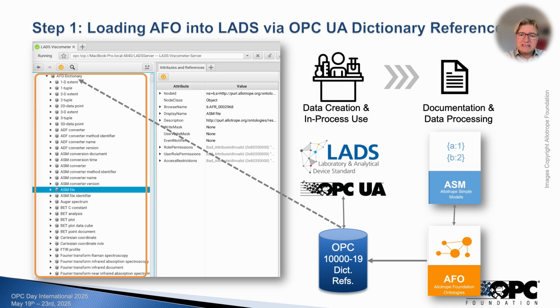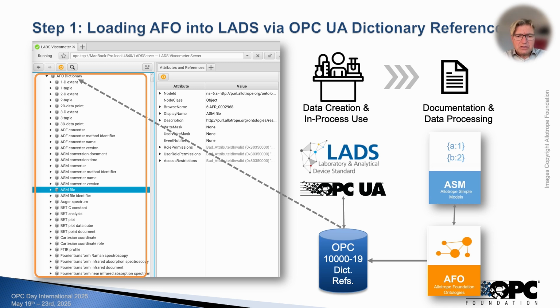By loading this node set into the LADS OPC UA server's namespace, we create a machine-readable vocabulary layer directly within the server, where every concept is represented with a defined URI and a human-readable label. This feature was first introduced by the PADIM Companion Specification, where it's used to reference terms from the IEC Common Data Dictionary within OPC UA models.